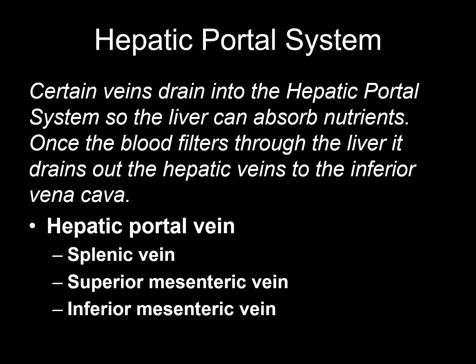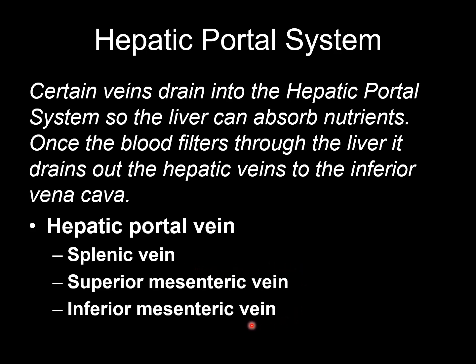When we talk about the hepatic portal system, the main vein that all this blood is going to be entering into the liver is called the hepatic portal vein. The hepatic portal vein is very important because it is what is draining these other veins. Either it's going to come from something with a lot of nutrients, such as the intestines.